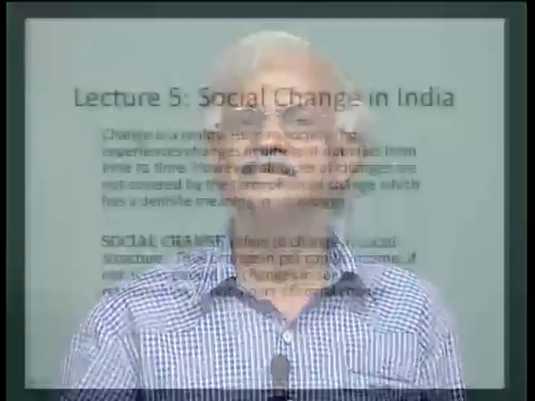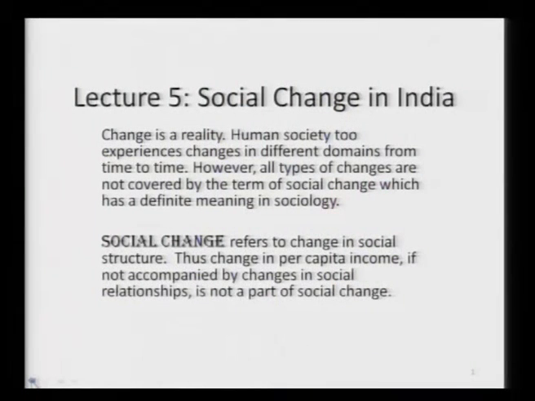Now, as such, change is a reality and human society too experiences changes in different domains from time to time. However, all types of changes are not covered by the term social change, which has a definite meaning in sociology.